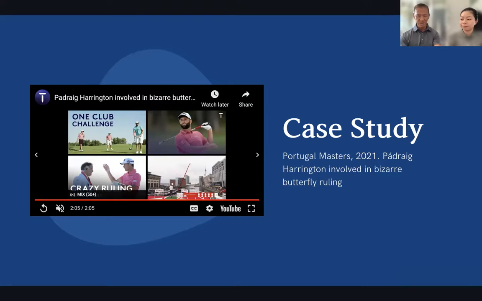You count one as the ball you hole out with for that hole, then play another one, and report this instance to the committee or tournament director when you're back at the scoring office. I think that would be a safe thing to do.